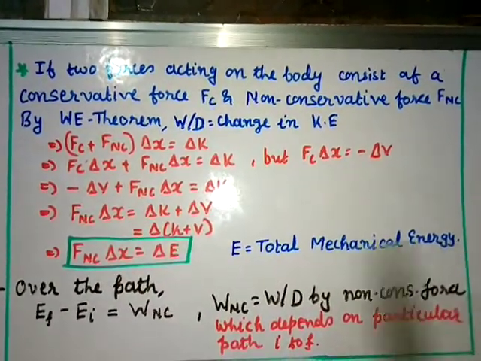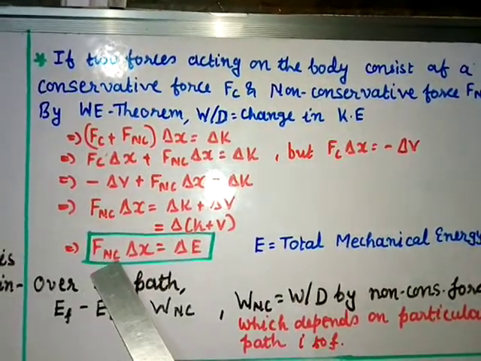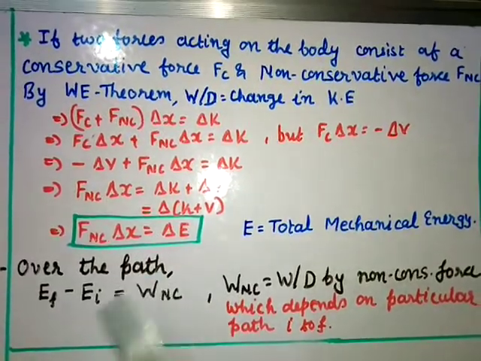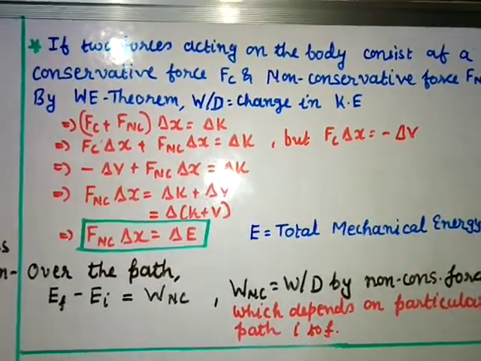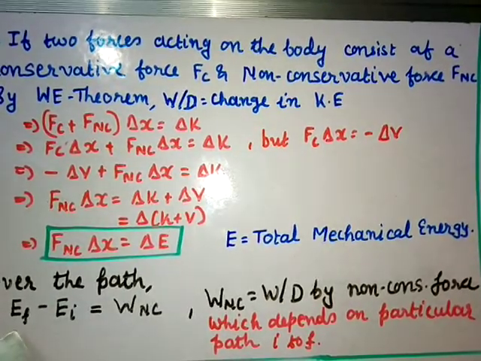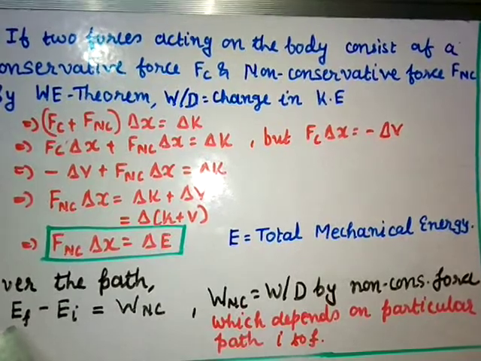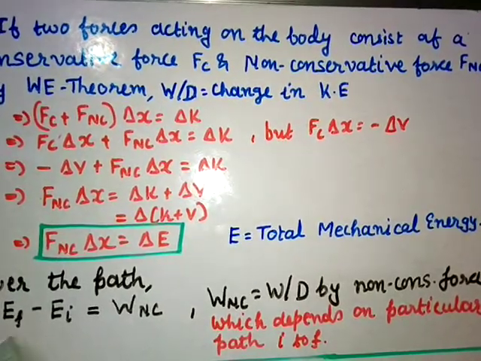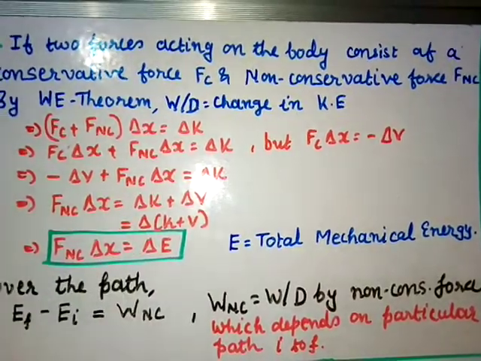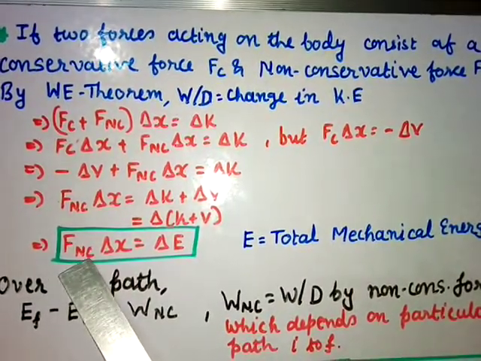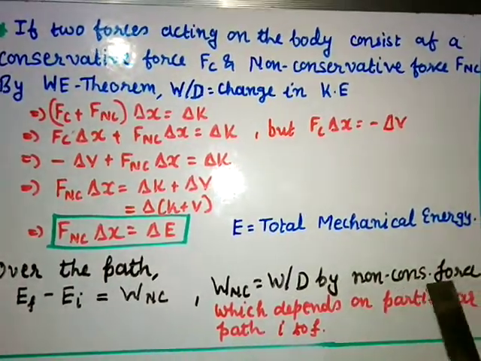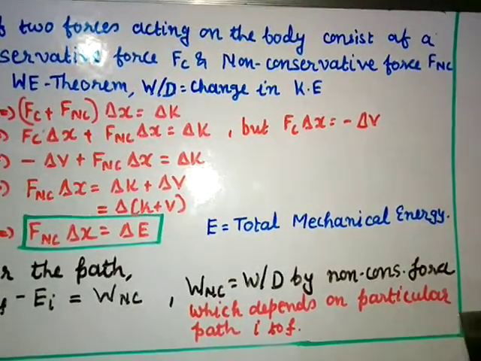Okay, so we can write here Fnc, that is the non-conservative force, into delta x is equal to delta E over the path. Suppose it is going from the initial position to the final position, then the change in mechanical energy can be written as Ef minus Ei, the mechanical energy at the final and initial, equal to force into displacement, which is nothing but work done by the non-conservative force, so you can write Wnc, the work done by the non-conservative force, which depends on the particular path i to f.